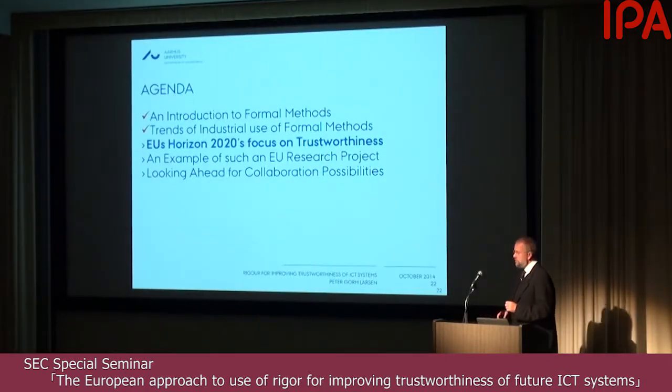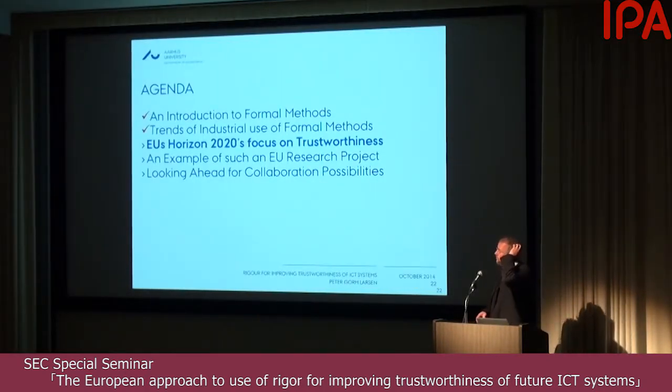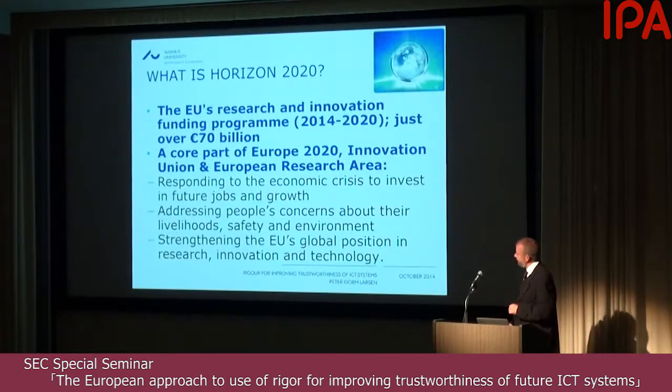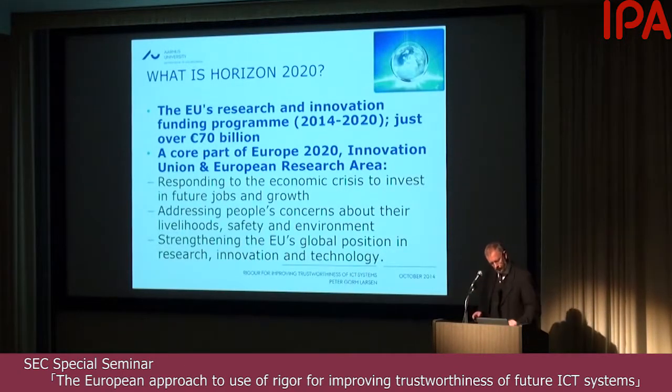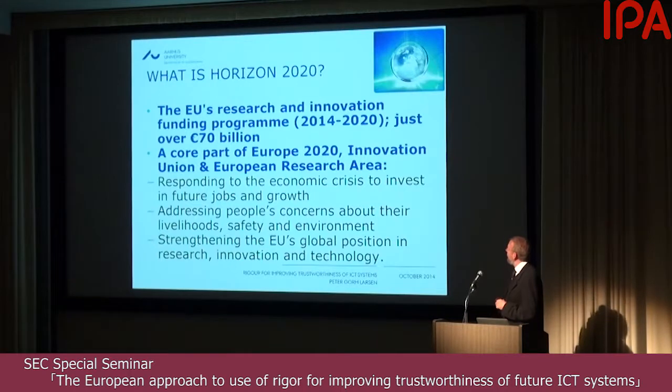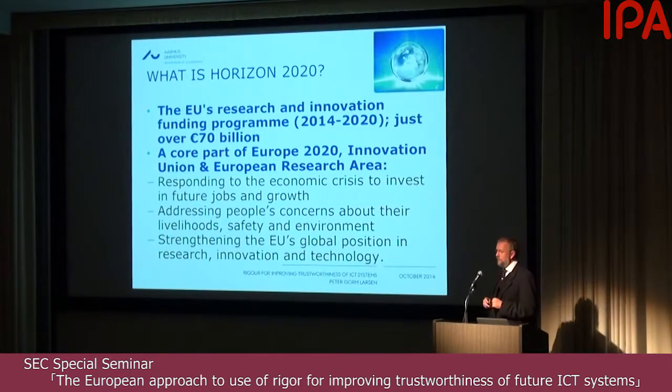But now I'd like to turn my attention to the European Horizon 2020 program, with focus on trustworthiness. The European Union has a program that is set up entirely at 70 billion euros. That's a lot of money.